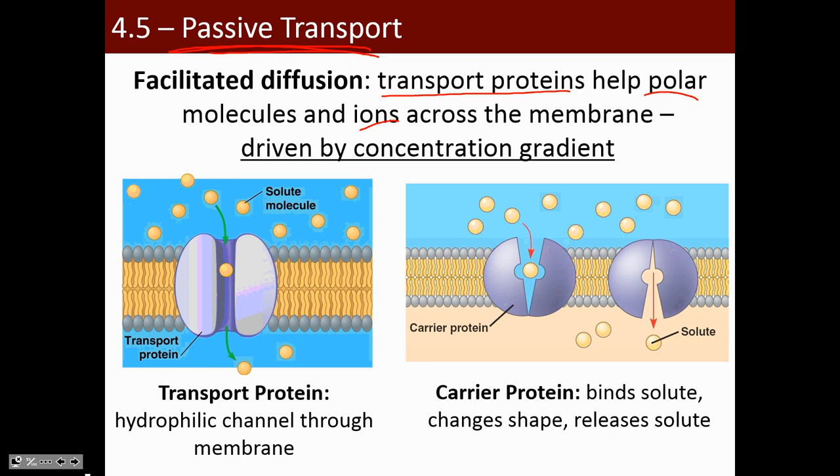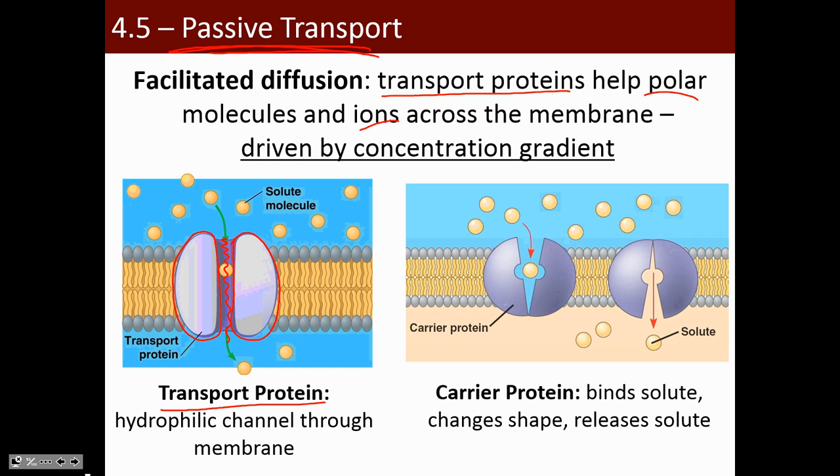So I like to think of just all of these proteins as being transport proteins, but we actually sort of have two types of transport proteins. We have those that form a channel, and we'll just call those sort of generic transport proteins. And basically the protein itself, the way we've got this divided here, has a tunnel down the center.